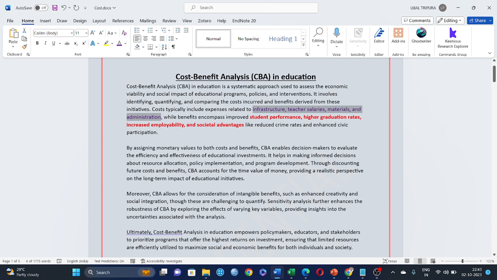By assigning monetary value to both costs and benefits, CBA, meaning cost benefit analysis, enables decision makers to evaluate the efficiency and effectiveness of educational investment.